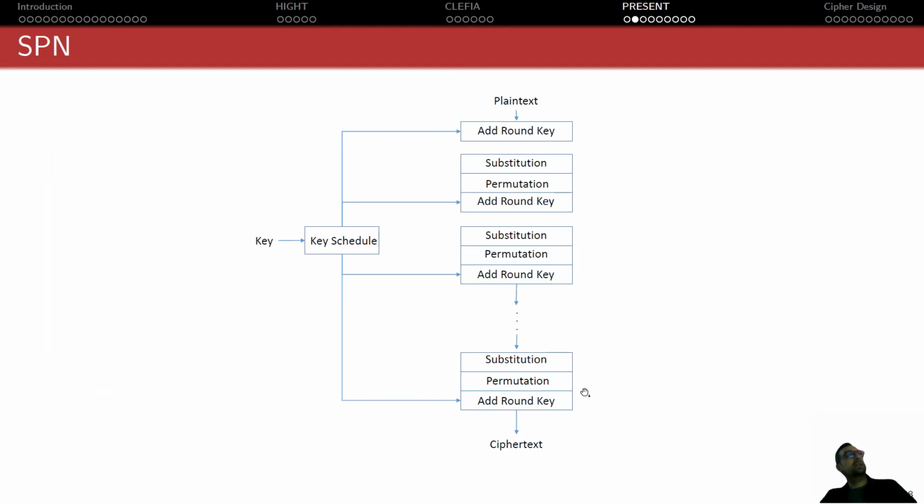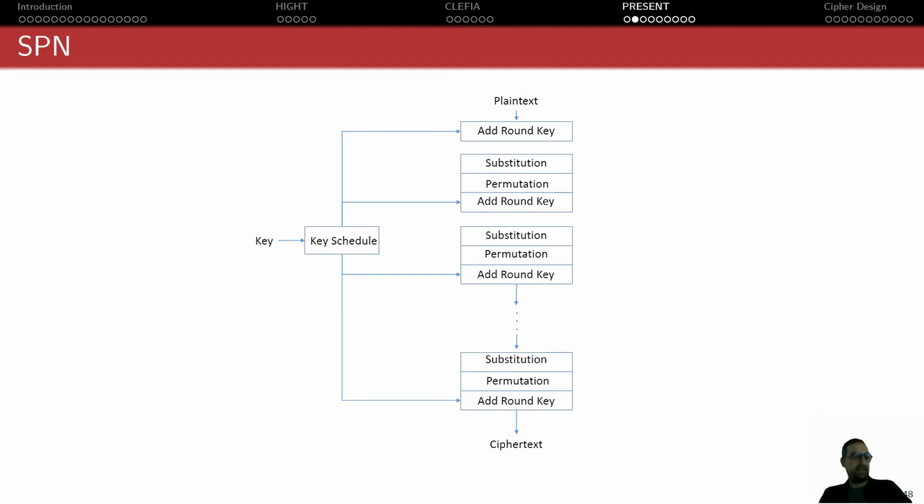But the important thing here is that unlike Feistel-style ciphers, when you do the decryption here, you need the inverse operations, right? Because from ciphertext to go upwards, you have to perform the inverse permutation, inverse substitution. So sometimes in hardware this might be more problematic because you have to implement both encryption and decryption.